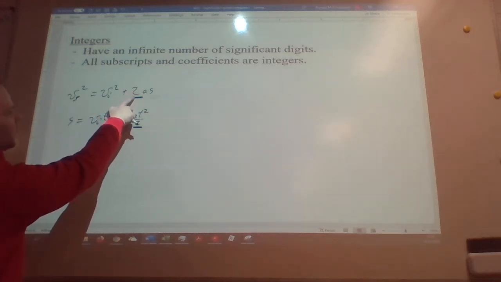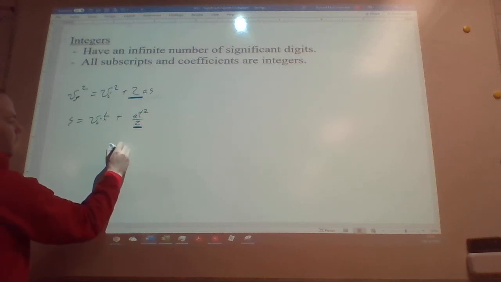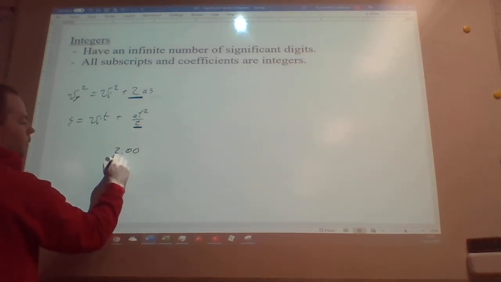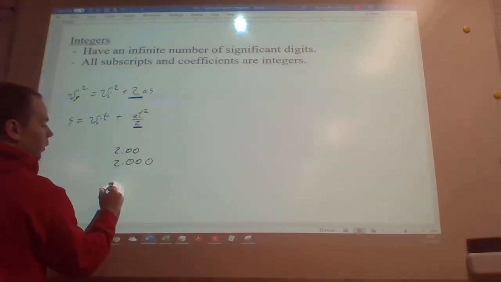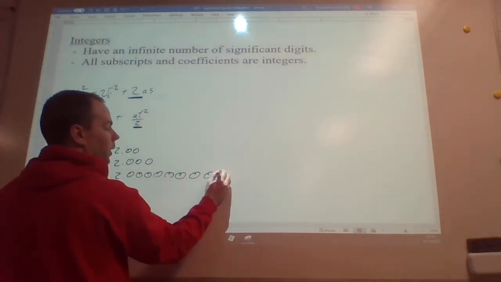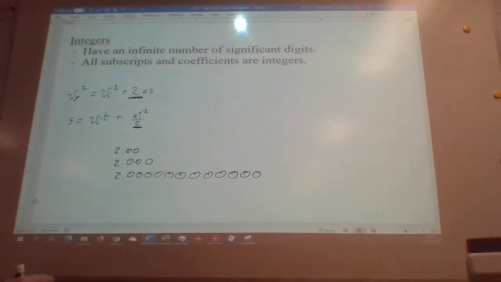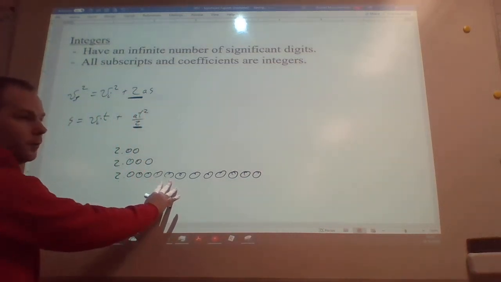So this has an infinite number of sig figs in it. Or it could be written as 2.00, or it could be 2.000, or 2.000000000000000. However many zeros you need, this has the correct number of digits.